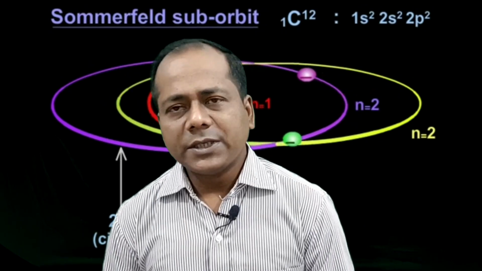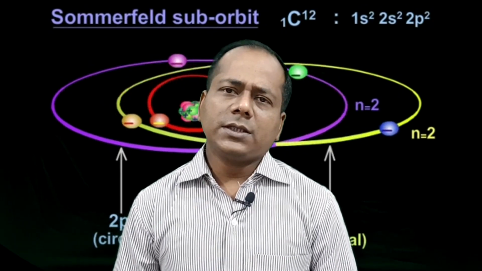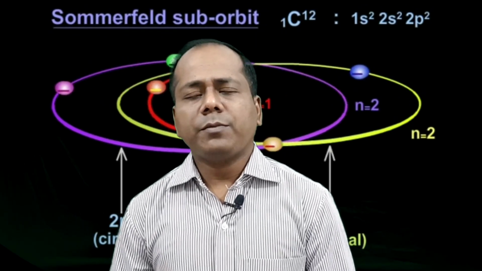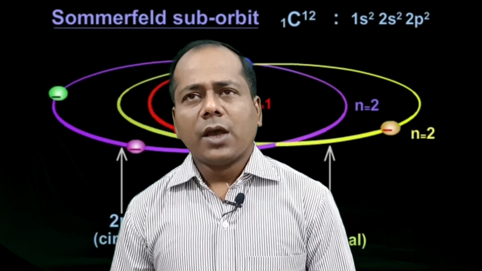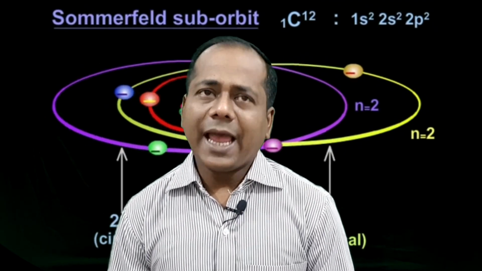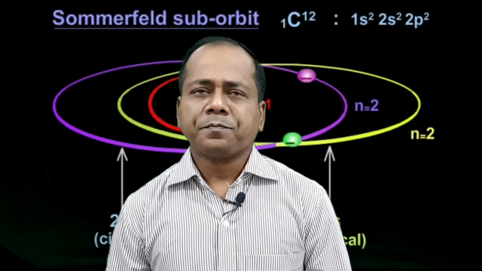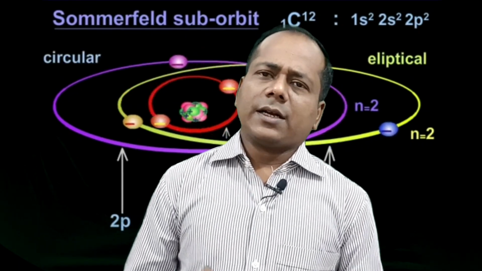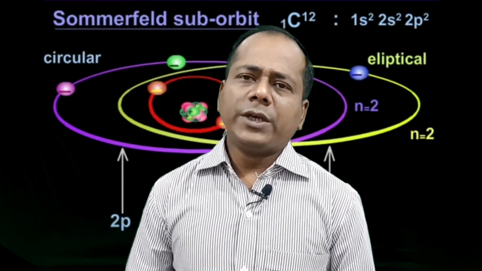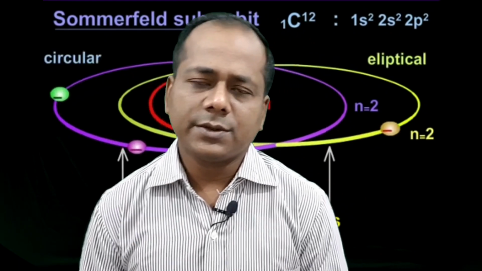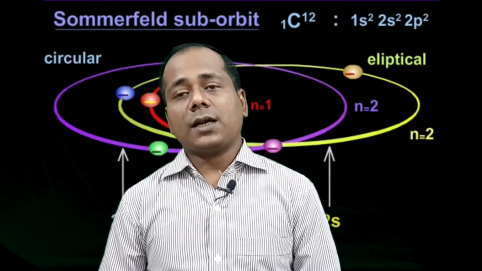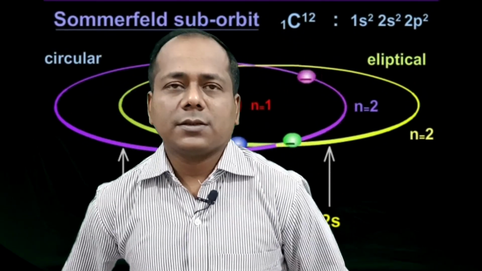In order to represent these energy levels, size, shape of the energy levels, orientation of the orbitals, and the direction of the spin, there are some numbers which have been put into use. These numbers are called quantum numbers.